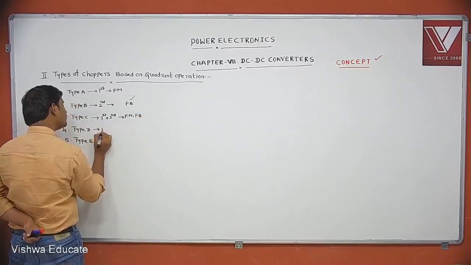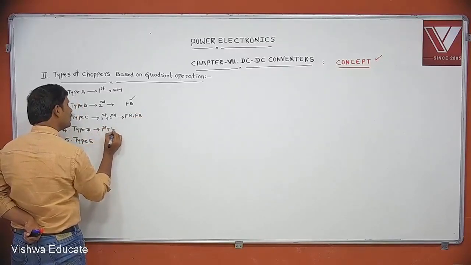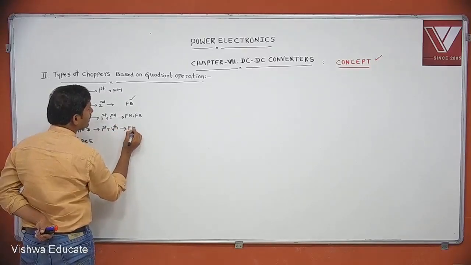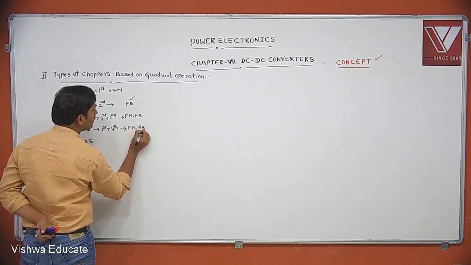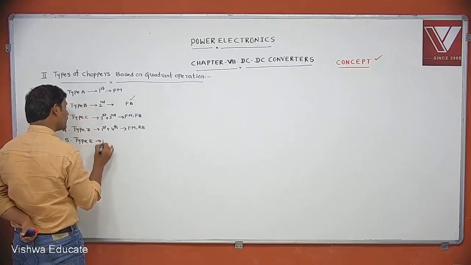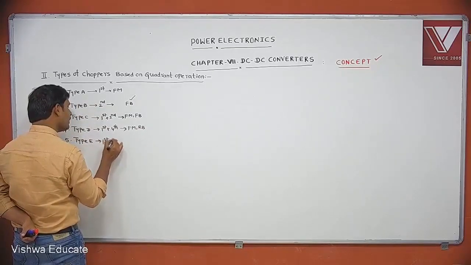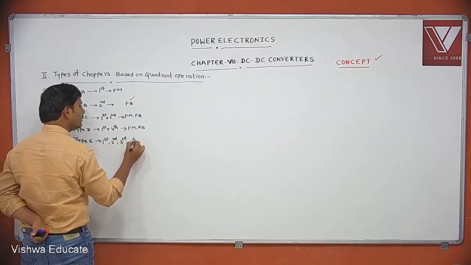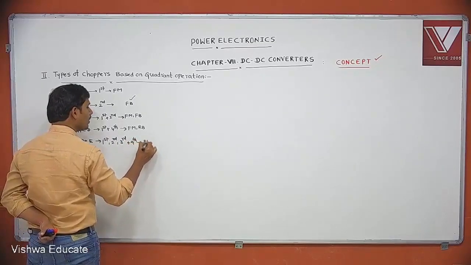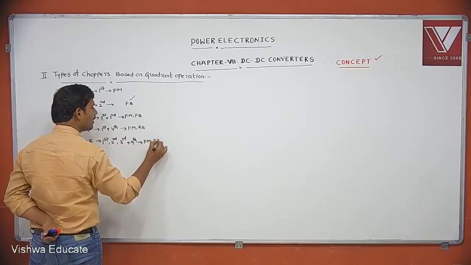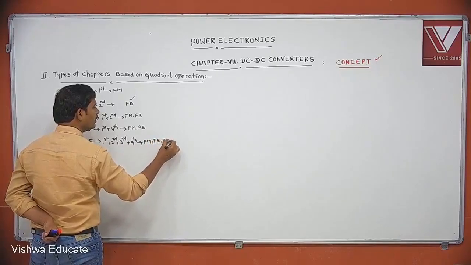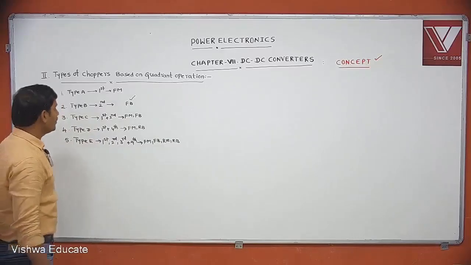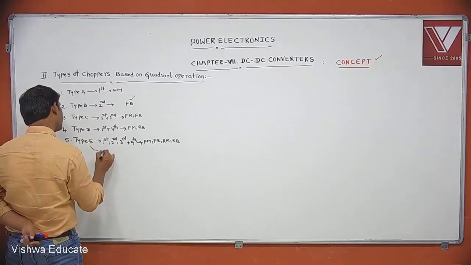Type D is first and fourth quadrant, used for forward motoring and reverse braking. Type E is first, second, third, and fourth quadrant, used for forward motoring, forward braking, reverse motoring, and reverse braking. That means it is a four quadrant chopper.